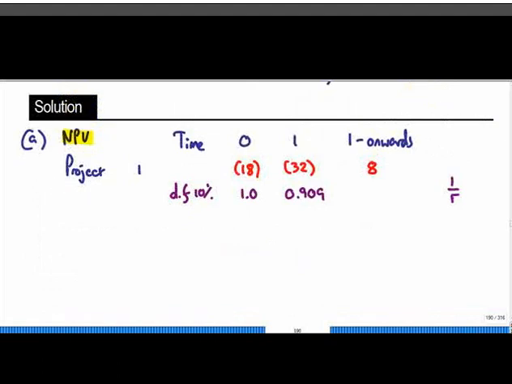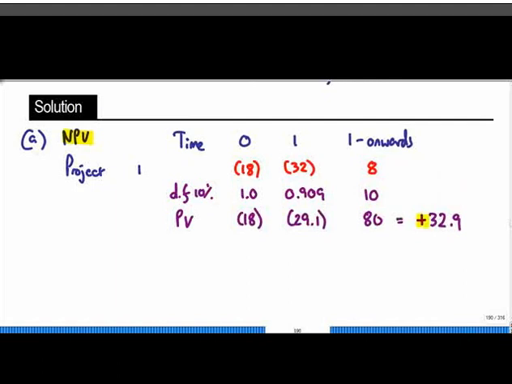Discounting from time period 1 to infinity, you've got a discount factor of 1 over R, which you should have seen before, but it is actually given on your formula sheet. So 1 over 0.1 gives me a discount factor of 10, and I can quickly work through and calculate the present value. And I can see that project number 1 has a positive NPV of 32.9.